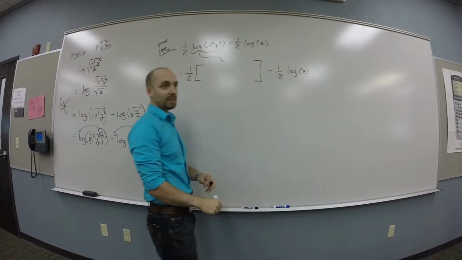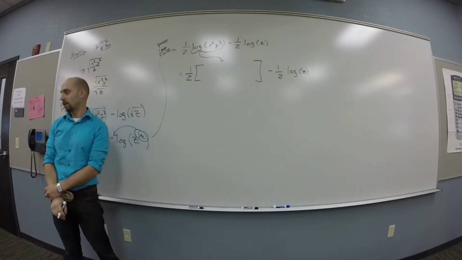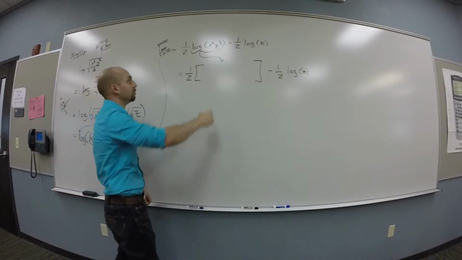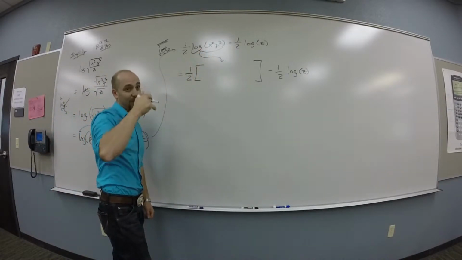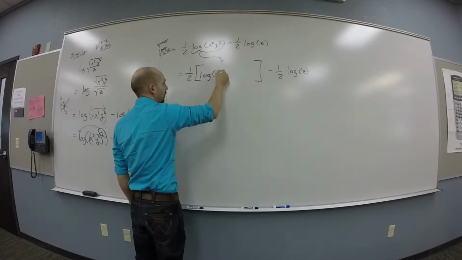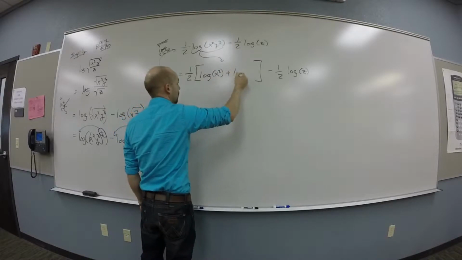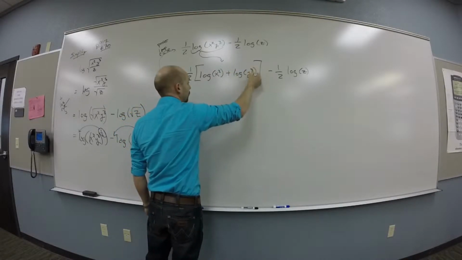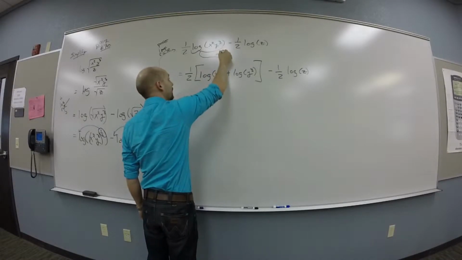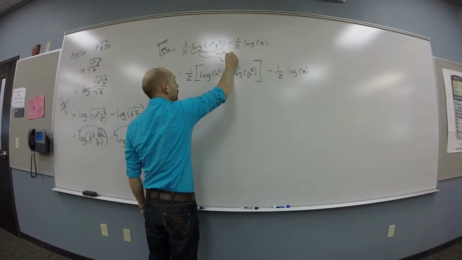That's as simple as that piece is going to get, so I left that piece alone. And now, what's the thing I'm using here? Log of x squared plus log of y. So I get log of x squared plus log of y cubed. What rule did you use for that? The multiplication log rule.